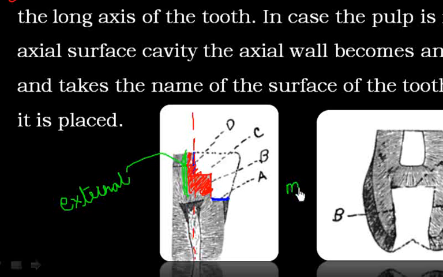For example, if this is the mesial surface and this is the distal surface, this external wall will be called as the distal wall.